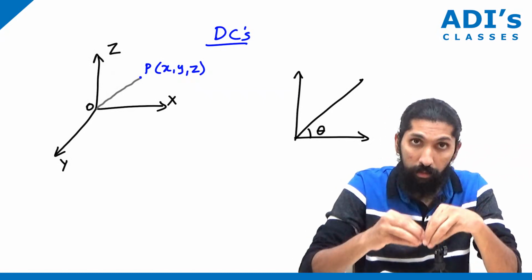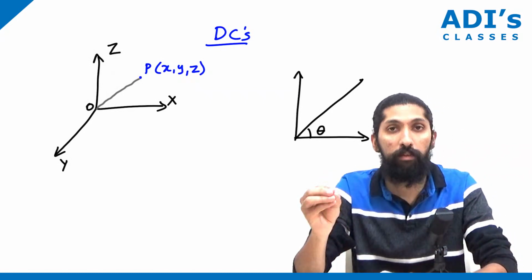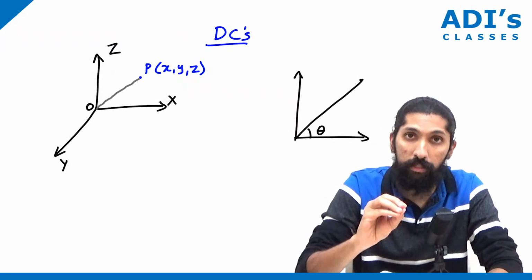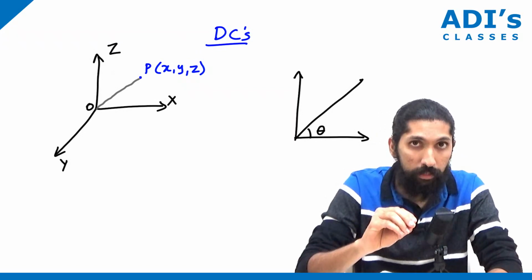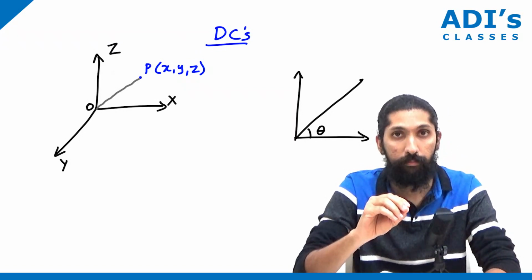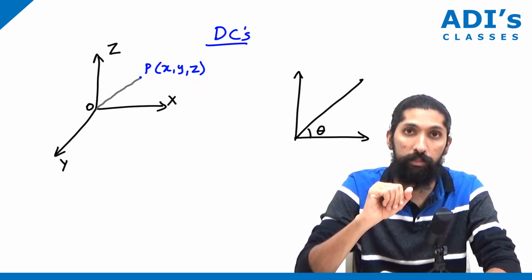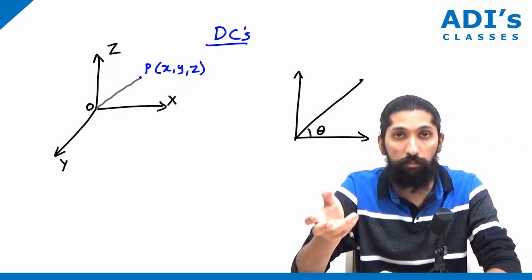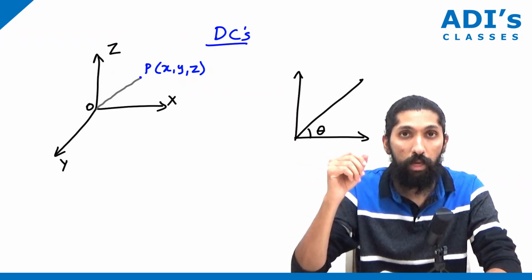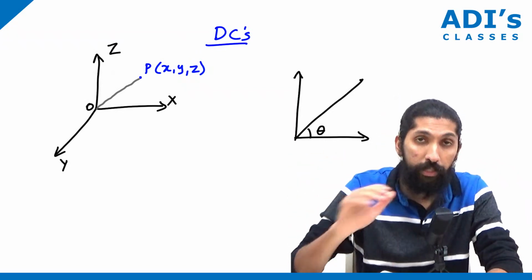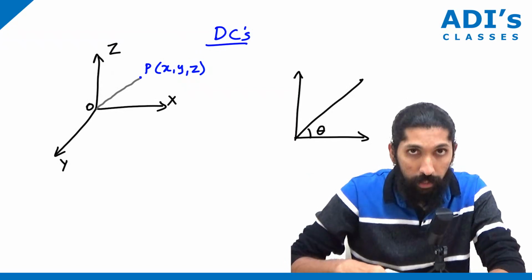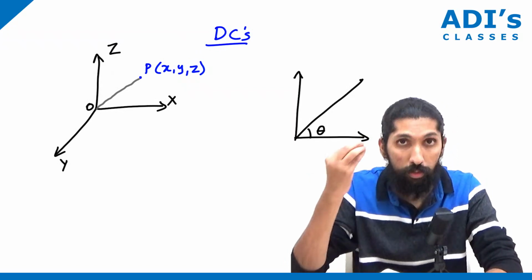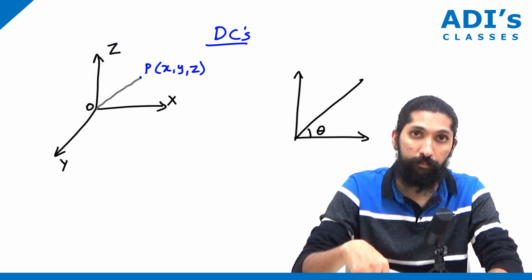But here, when I say the angle with respect to the x-axis is 60, the angle with respect to the y-axis need not be 60, and with respect to the z-axis need not be whatever angle you're thinking about. It can vary completely. This is where the concept of direction cosines comes into play.